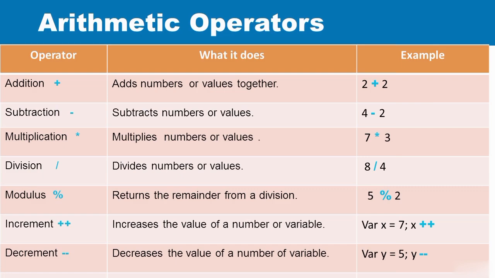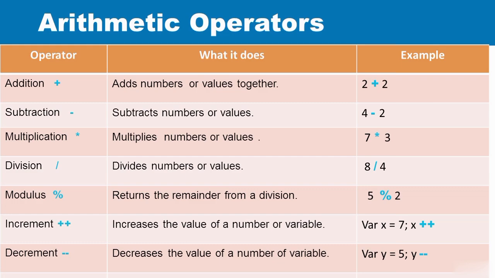So I'll start from the top, where we've got the addition operator, and basically that is used to add numbers or values together. For example, 2 plus 2. We've got the subtraction operator, which is used to subtract numbers or values.